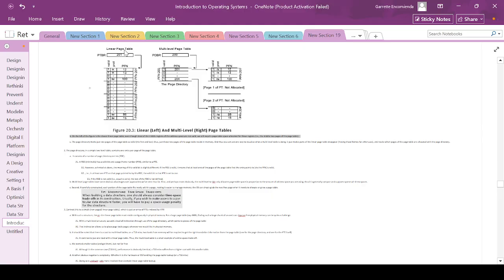Unlike here, we only allocate pages for a page table that is valid. So we only allocate physical memory for a page table that is valid. We use a two-level deep page directory data structure.